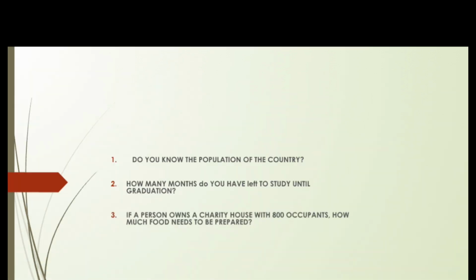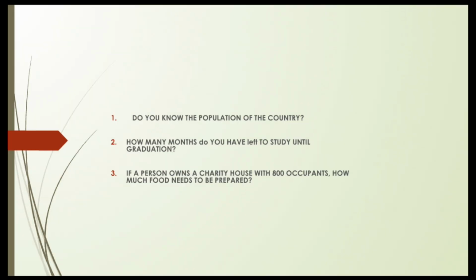Similarly, if a person owns a charity house with 800 occupants, how much food needs to be prepared? In order to address these questions, we don't use English words like more, much, a lot. We express them in some number format or in the form of numerals, for which we need a number system.